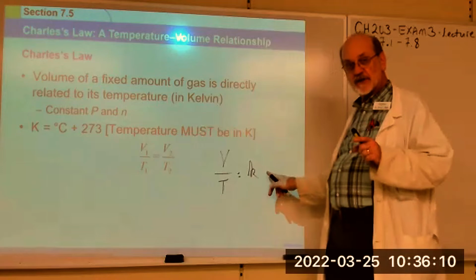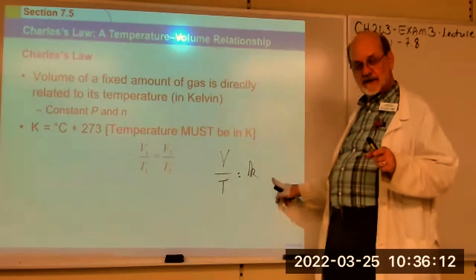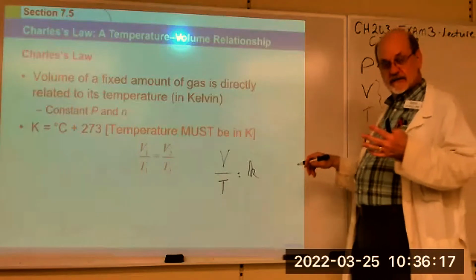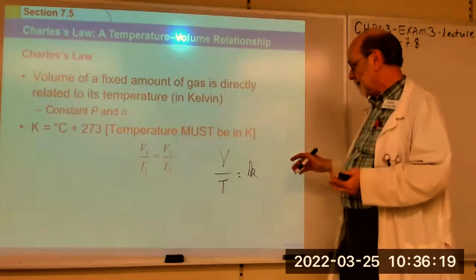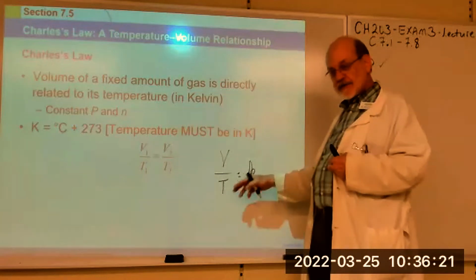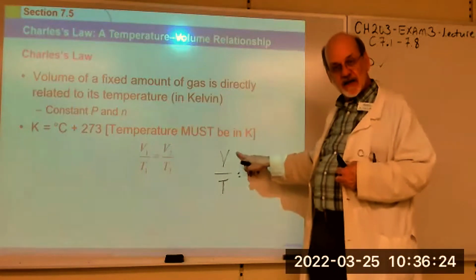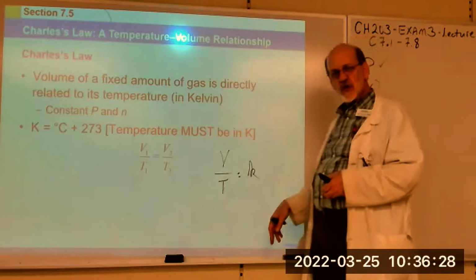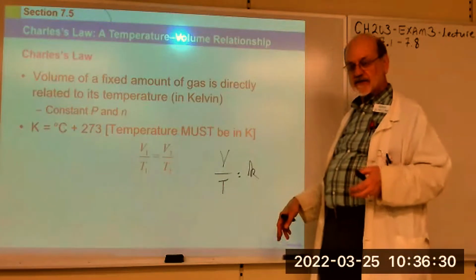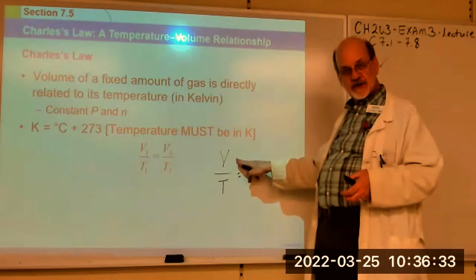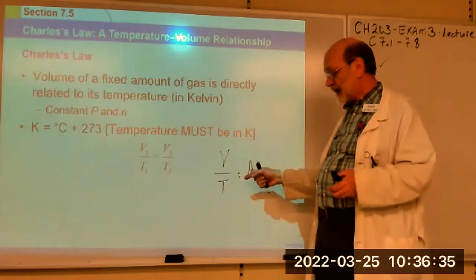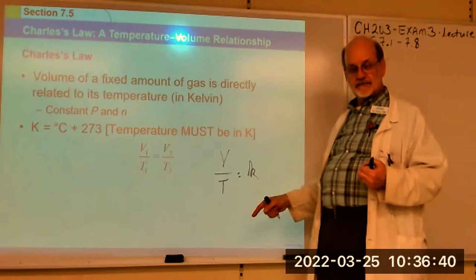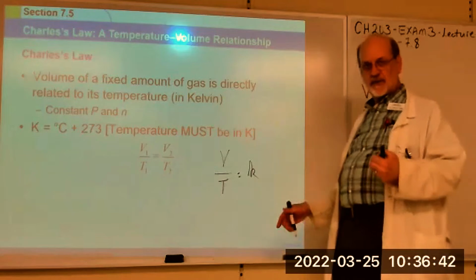If this has to be constant under all circumstances, with moles and pressure being constant, we're not changing those, then if the temperature goes up, the volume has to increase also. You have to get expansion of the gas. If the temperature increases, the volume must increase. Mathematically speaking, that is a direct proportion. Not an inverse, but a direct proportion.